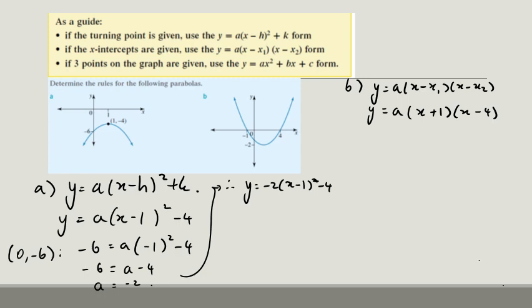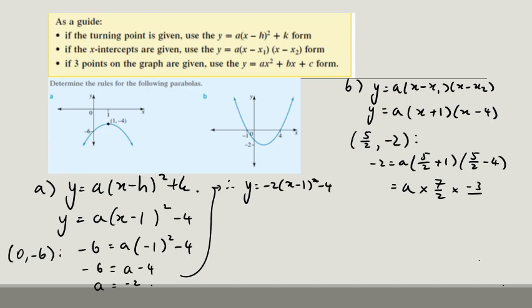Now, because it's a turning point, our x value is going to be halfway between -1 and 4, so that'll be 3/2. And then our y value is -2.